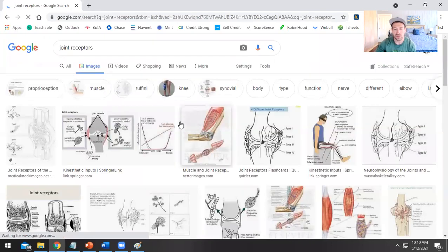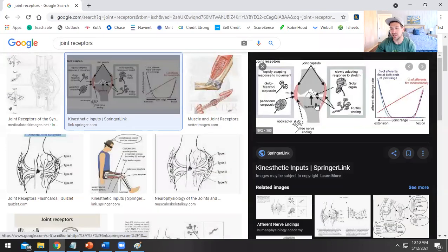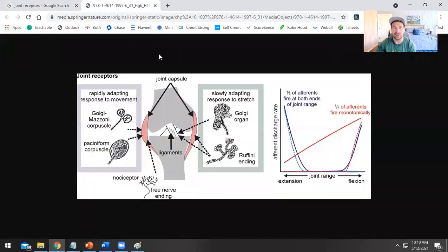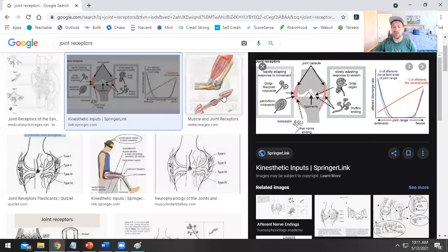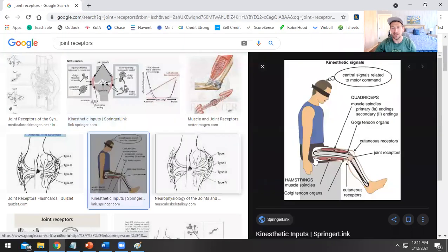Their job is to sense the structures within a joint, like a ligament, and send information to the brain to say, hey, here's the joint's maximum range of motion. Here's how much tension's in the joint. Here's how much accelerating's happening. Here's how much decelerating's happening.